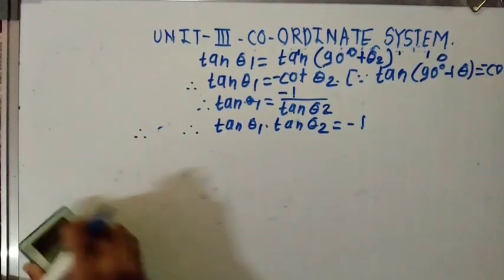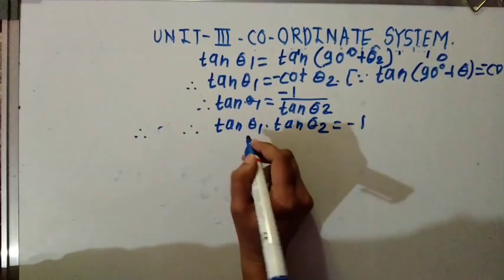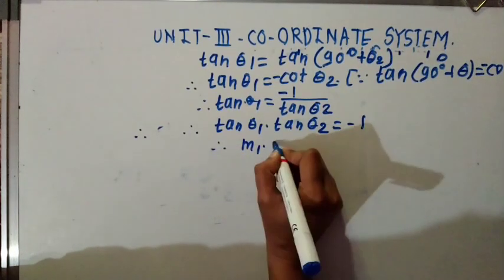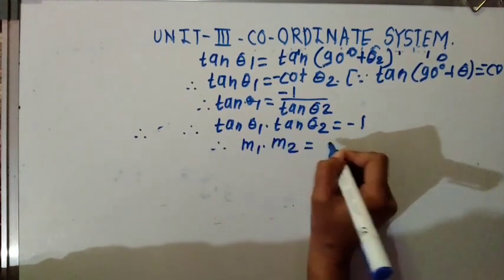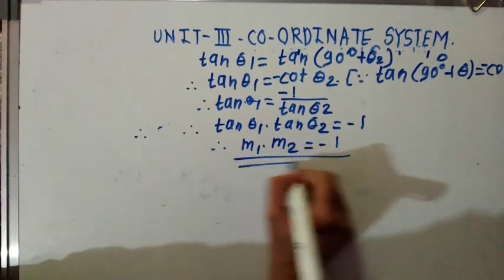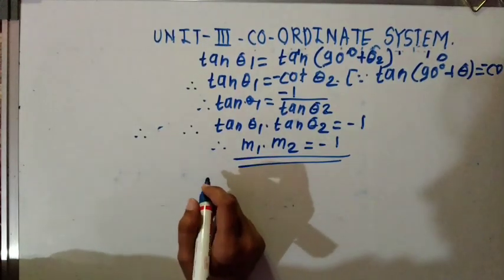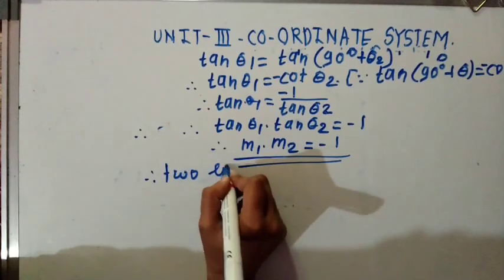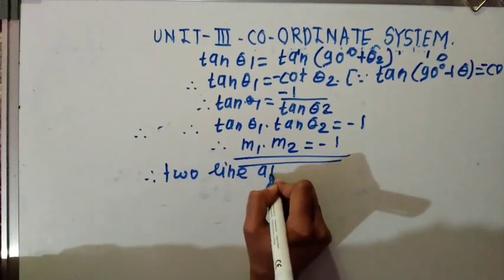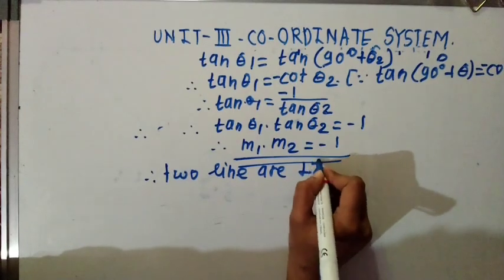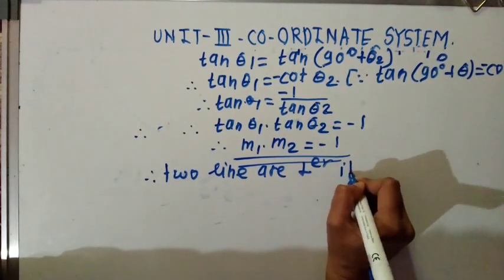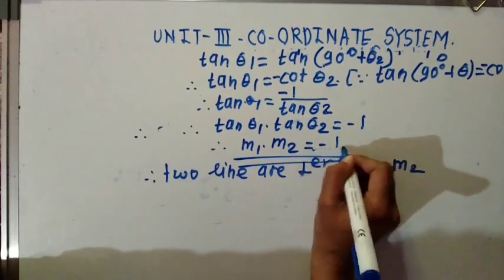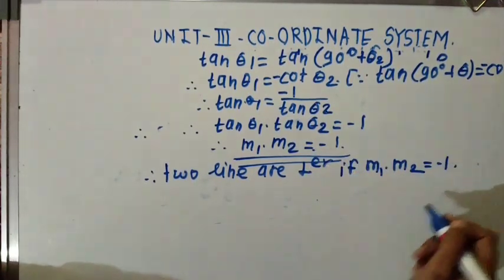But tan theta 1 is m1 and tan theta 2 is m2. Hence m1 into m2 is equal to minus 1. Hence two lines are perpendicular if m1 into m2 is equal to minus 1.